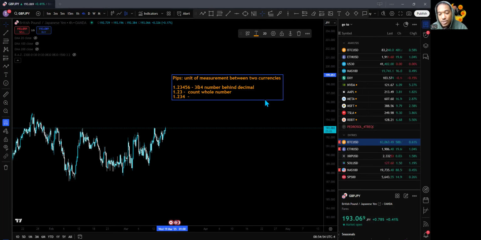But yeah, if there's 2 digits behind it, you want to count the whole number and then it's times 10. So on ETH, you'll count each whole number, but each one number is 10 pips, versus on BTC, each whole number is going to be 1 pip.